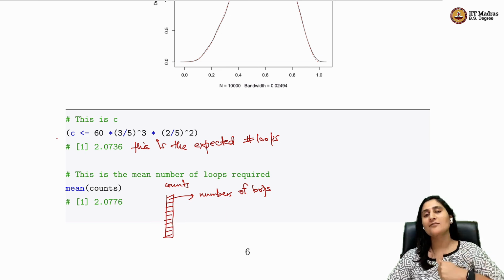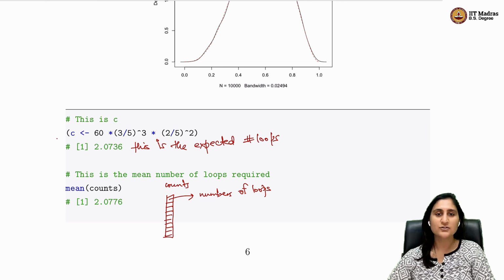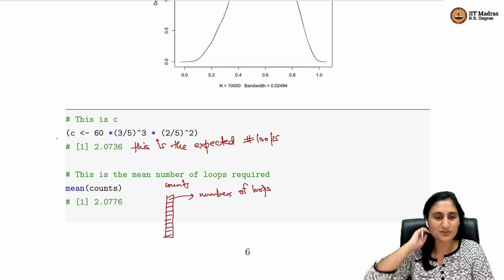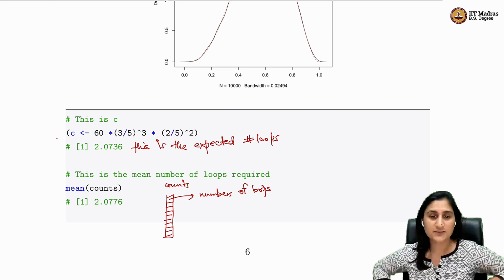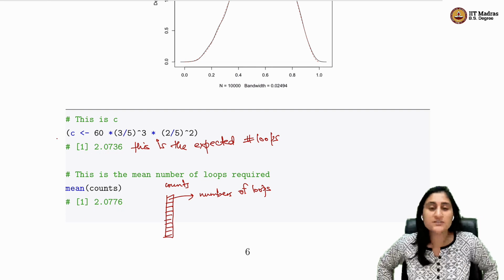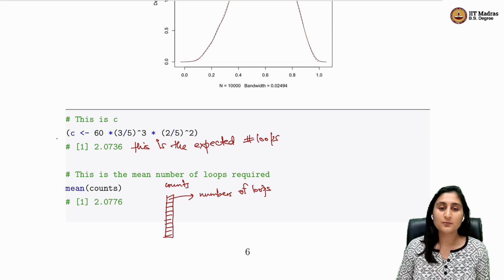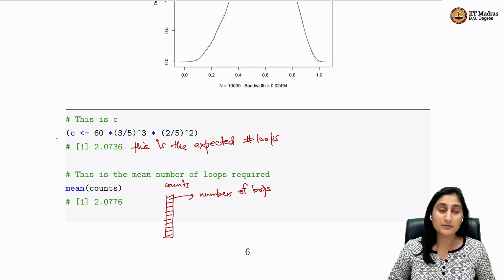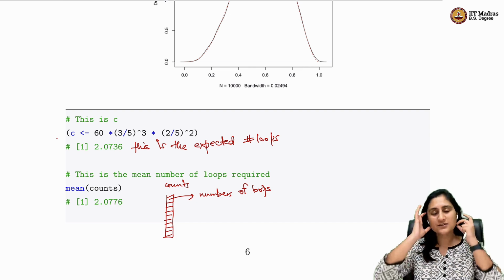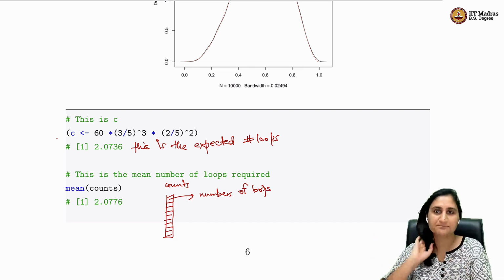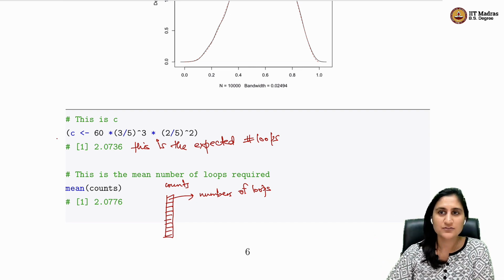So if I just take an average of these counts, that should try to approximate C, and that's exactly what happens. When I take an average of counts, this is 2.0776, which is very close to the actual value of C. Again, if you do this another time, then what you'll see is that counts and the mean of the counts will be slightly different because this is also random, because these are geometrically distributed. All right. So that's one example of the accept reject algorithm.